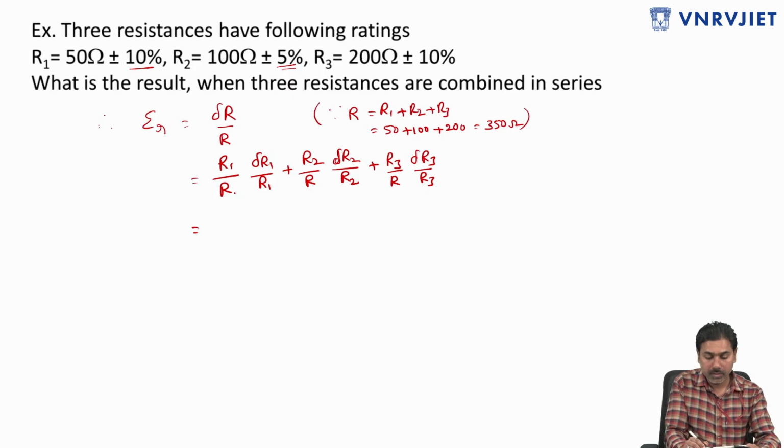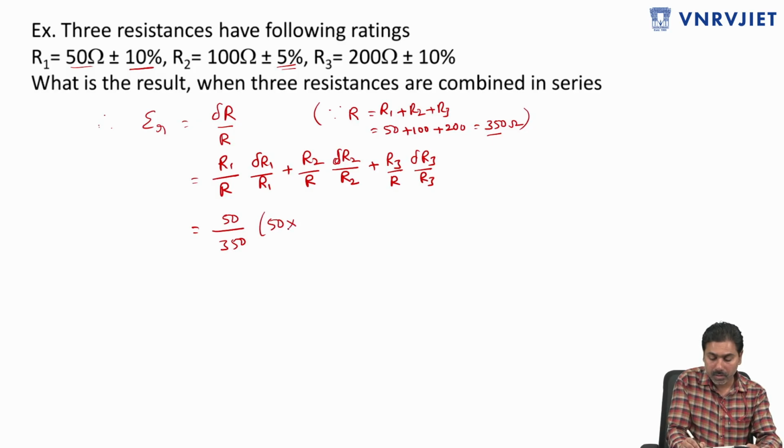Here R1 is given as 50 ohm and R is calculated as 350, and delta R1 by R1 is 10% of 50, that is 0.1 of 50.